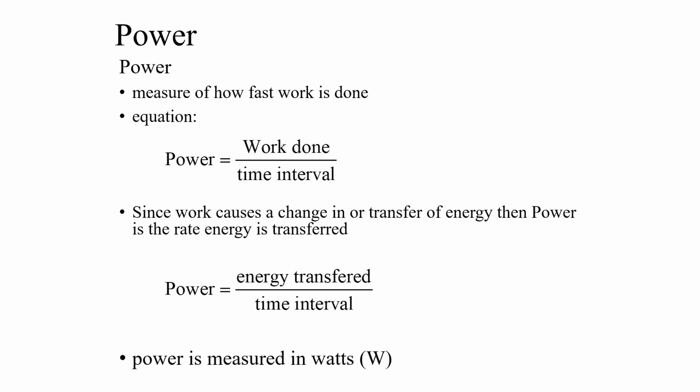All right, so again, power is a measure of how fast work is done. And the equation, of course, is power equals the work done divided by the time interval to do the work. And work causes a change in or a transfer of energy. So we can also write power as energy transferred over a time interval. For example, we use electrical energy in our homes and businesses to convert into other forms.